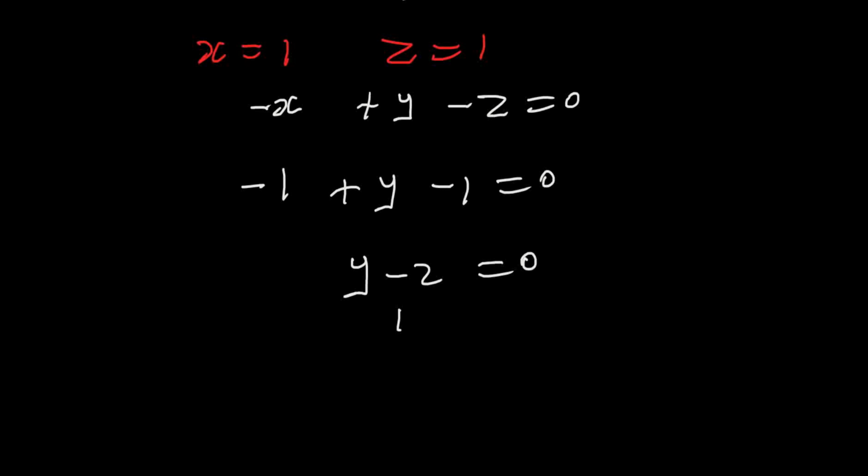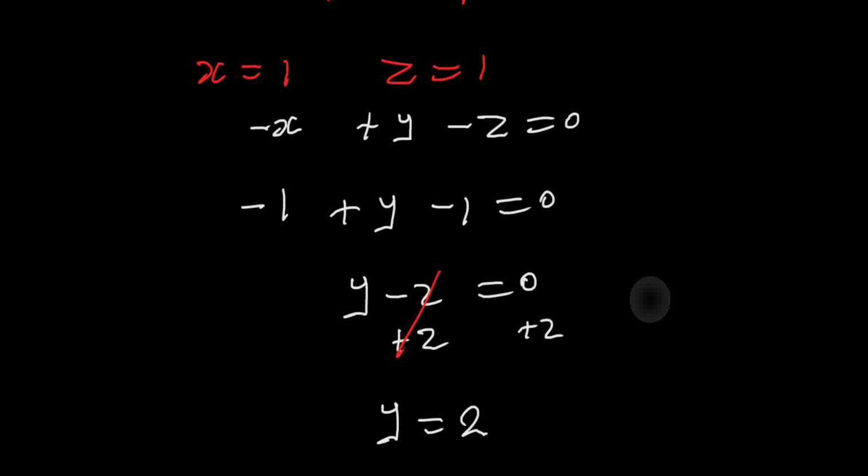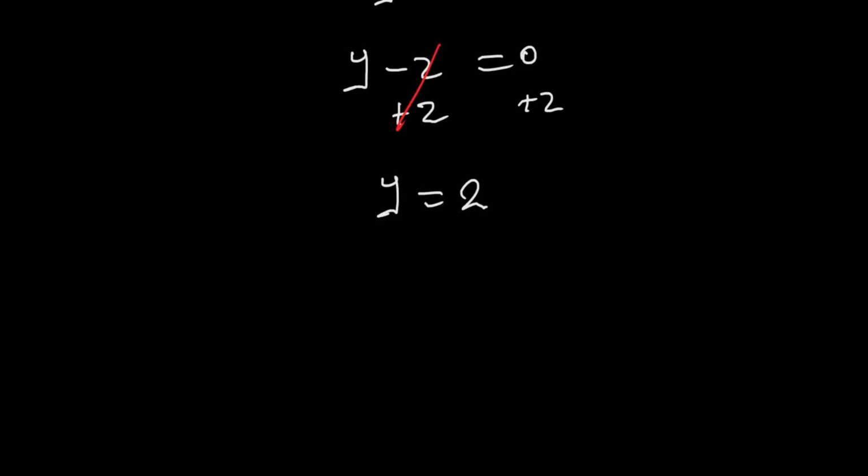If we add 2 to both sides, negative 2 plus 2 will be 0, and y will be equal to 0 plus 2, which is 2. So as you can see, we found the value of y to be 2. So x is equal to 1, y is equal to 2, and z is equal to 1.